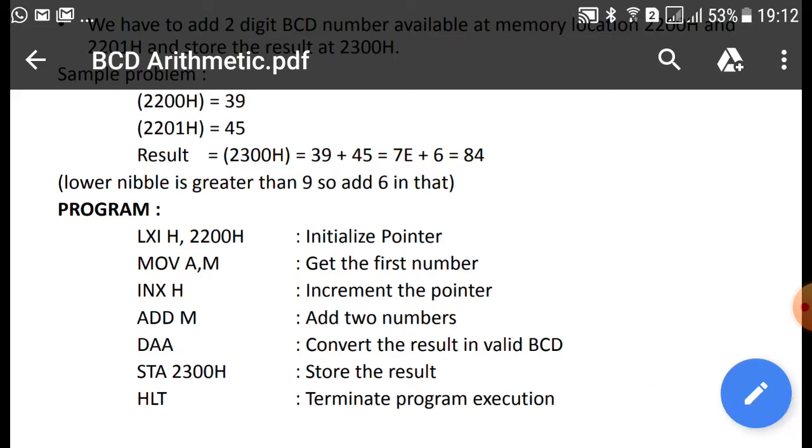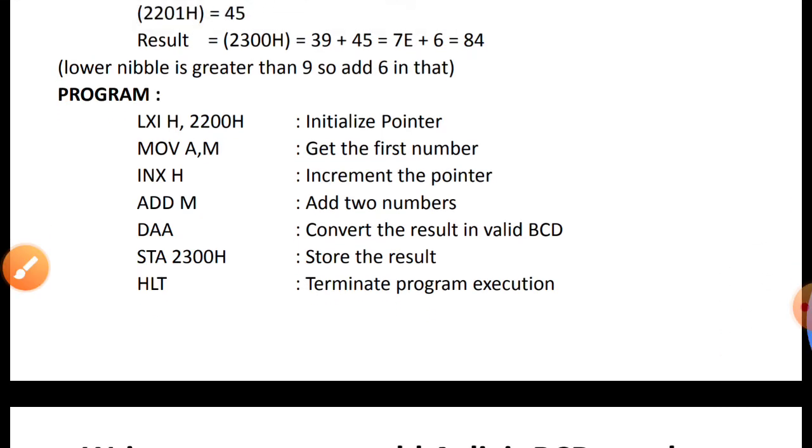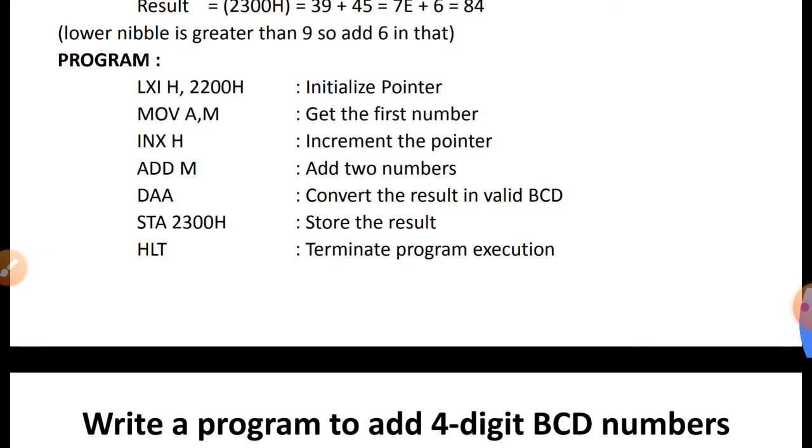So we have to add decimal 6, and for that we use the DAA instruction, which converts the number into a valid BCD. Whenever it converts the number into a valid BCD, that BCD number will be stored in the accumulator, and then with the help of the STA instruction, which means store the content of the accumulator to a certain memory location, the result is stored at 2300. Then the program is going to halt.